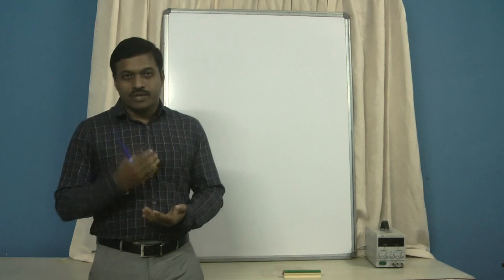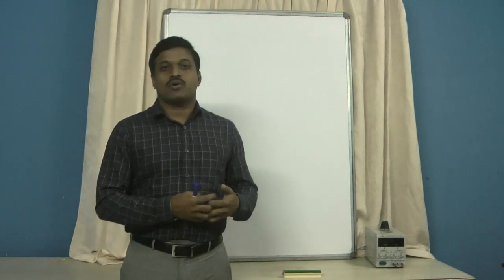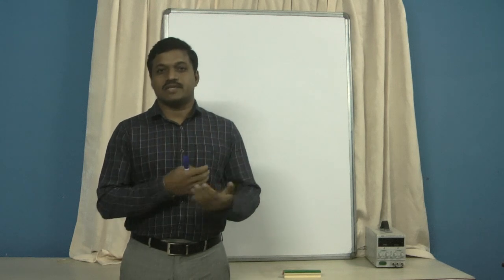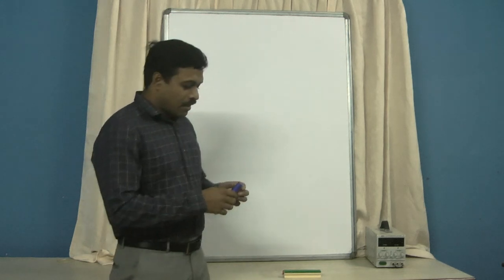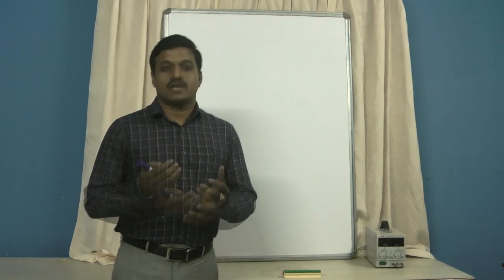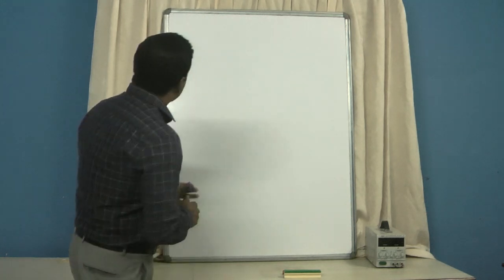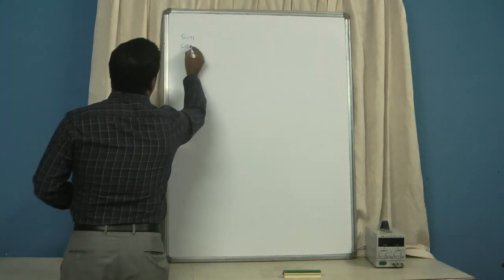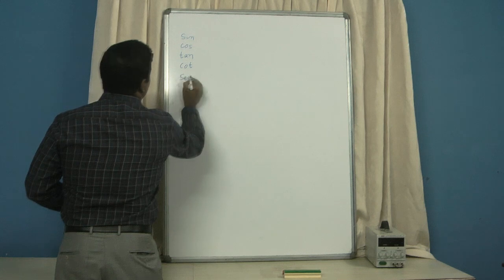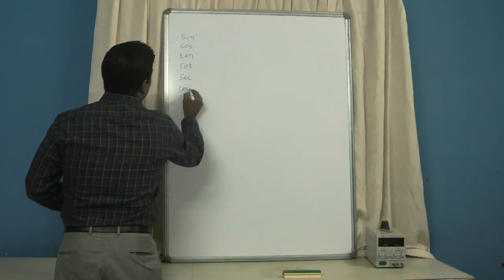There are 6 different reciprocals or ratios of a triangle we can take if you consider 3 sides. Those ratios are represented by 6 different trigonometric functions, called sine, cos, tan, cot, sec and cosec.